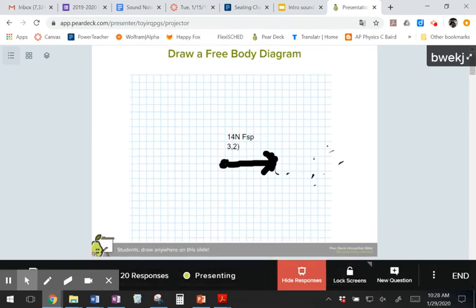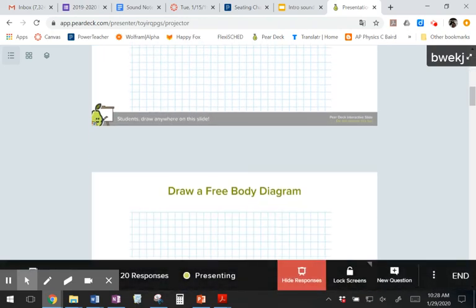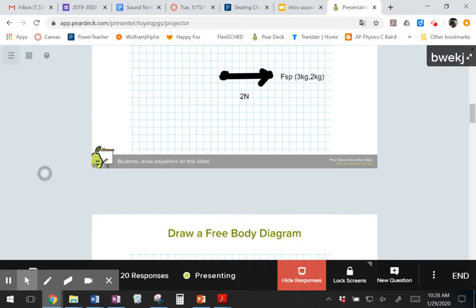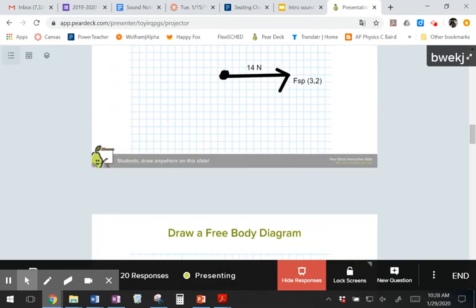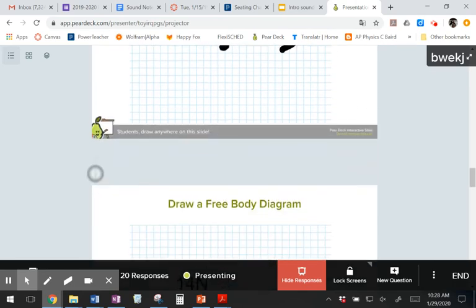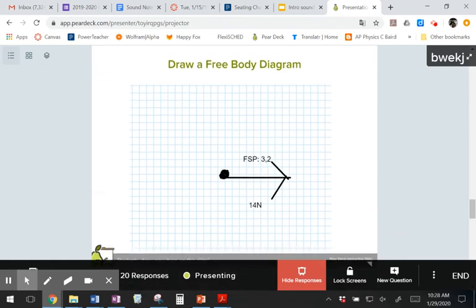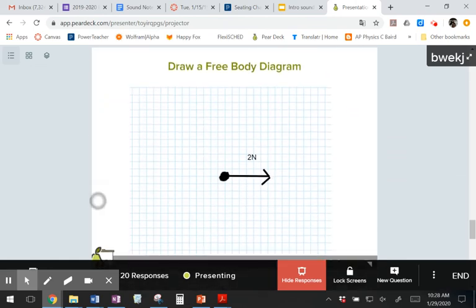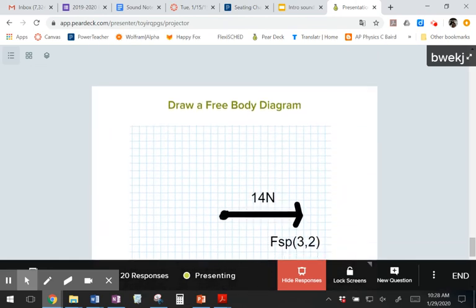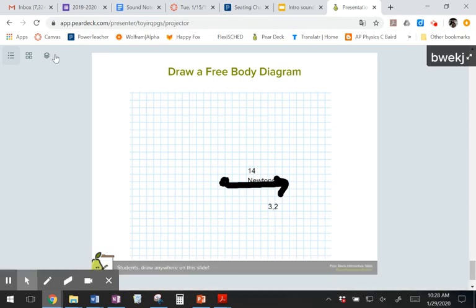Run that by your neighbor. 14 newtons, 3, 2. 2 newtons, 3, 2. 14 newtons, 3, 2. 8 newtons. 6 newtons. 14 newtons. 2 newtons. So those are kind of the options. That's not how scrolling works, Mr. Harding.